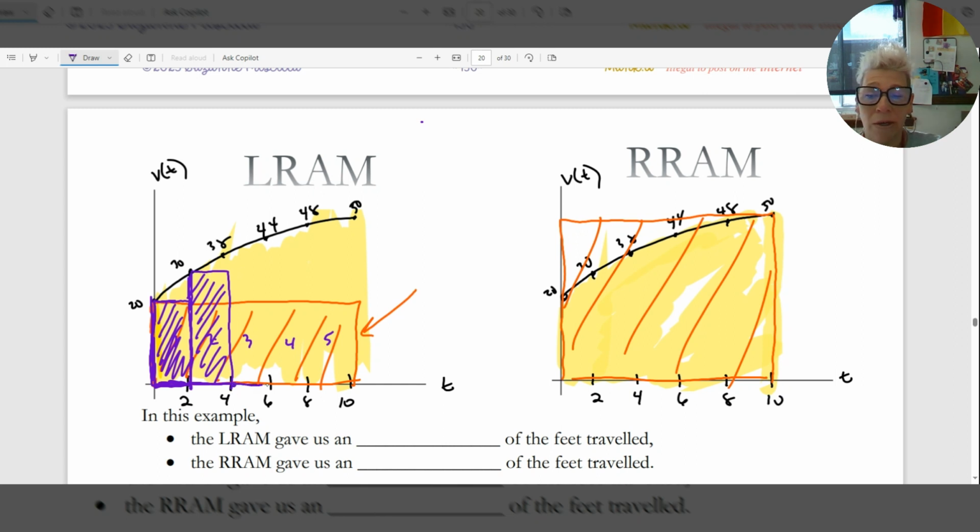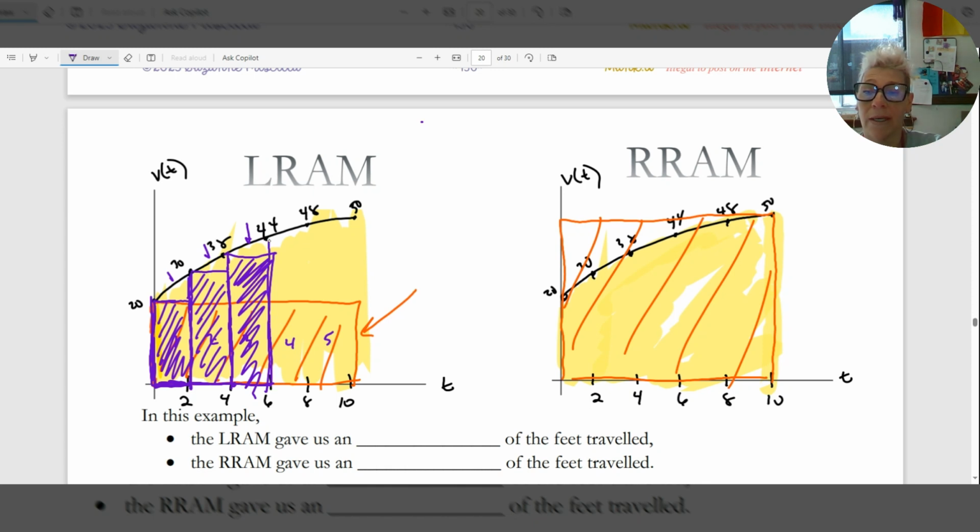But at each interval, so in this case from time 4 to time 6, I'm going to pick my left-hand side as the height. And so you can see that even though I am still underestimating, like I did before, I have a lot less underestimated area.